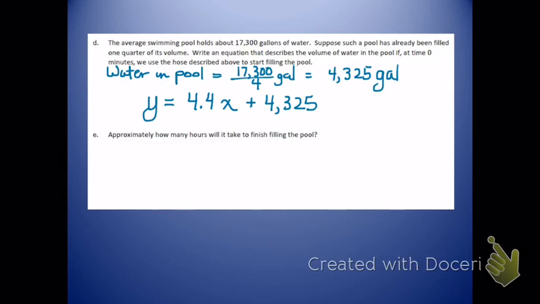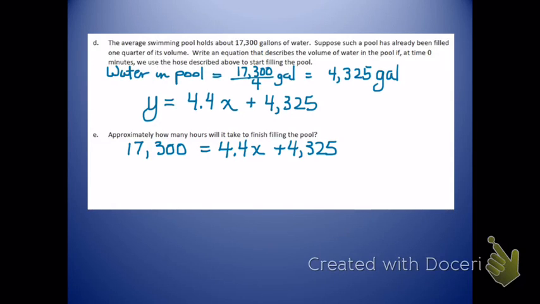So if I want to know how many hours it will take to finish filling the pool, I'm going to need to know how much water, well, I already know how much water it is when it's full. So I'm going to put this 17,300 in for y and solve for x. So that's what that looks like. 17,300 is 4.4x plus the amount of water that was in the pool to start.